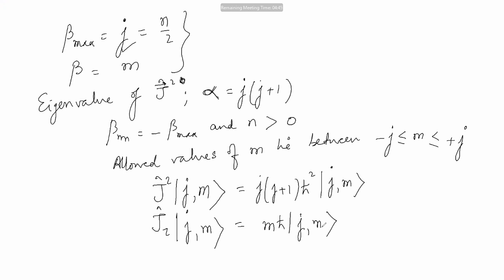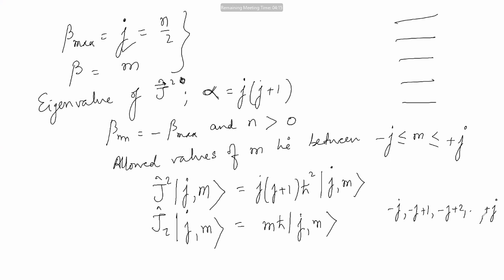In general, this means that m will take values from minus j to plus j, but this step size is an integer. Therefore, the important point is this value will be minus j for m, minus j plus 1, minus j plus 2, and so on up to plus j.